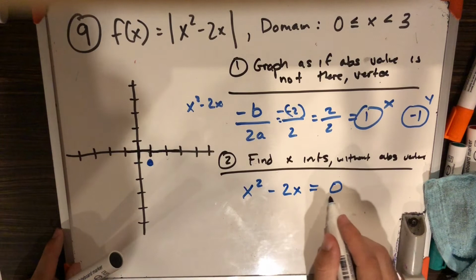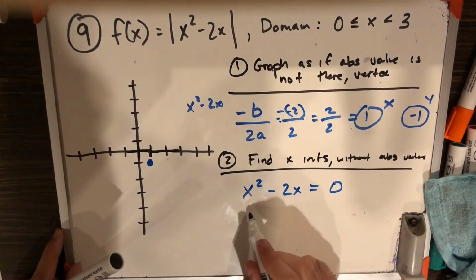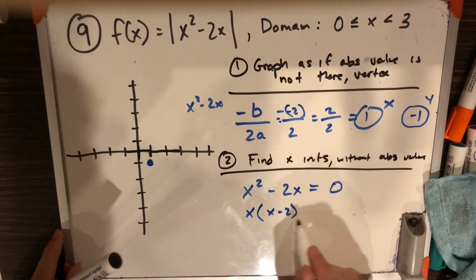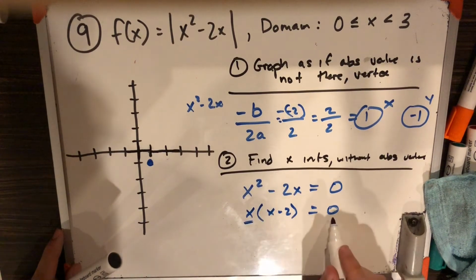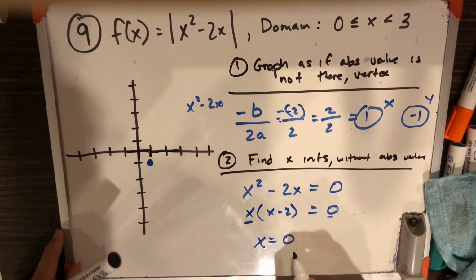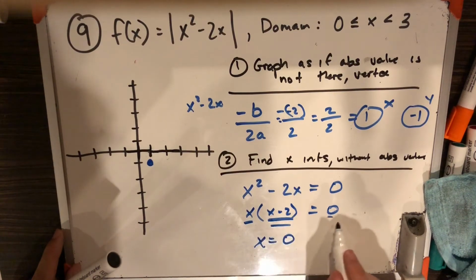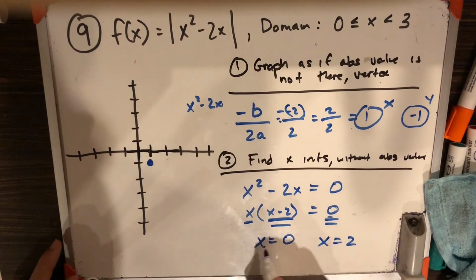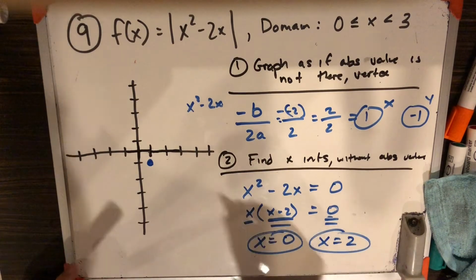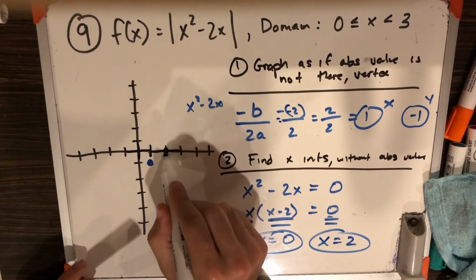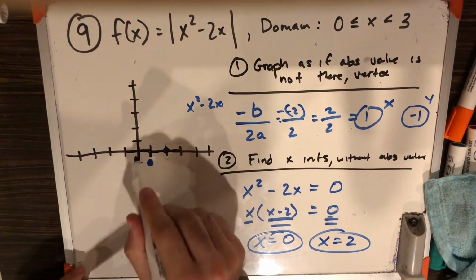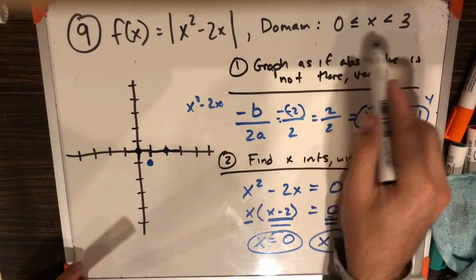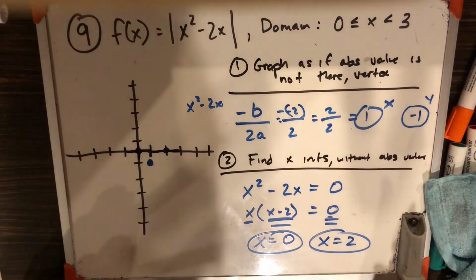What we end up getting here is, well, we can factor this. That's x times x minus 2 is equal to 0. Well, x is equal to 0. I also know x minus 2 is equal to 0. So that ends up being x is equal to 2. Let's go ahead and graph our x-intercepts, right? We know our x-intercepts now. X is equal to 0. Again, all these points fall within your domain, so you're still good to go.